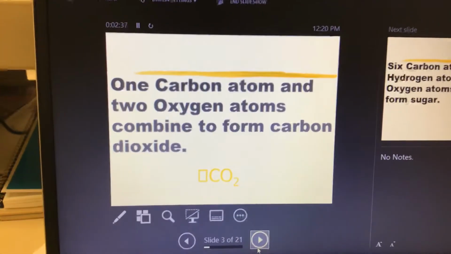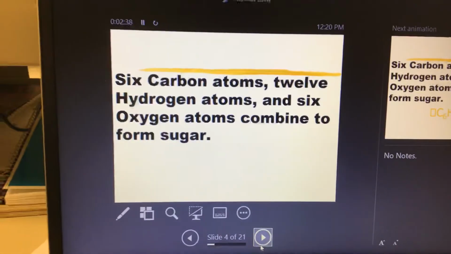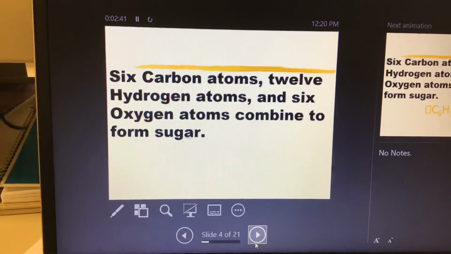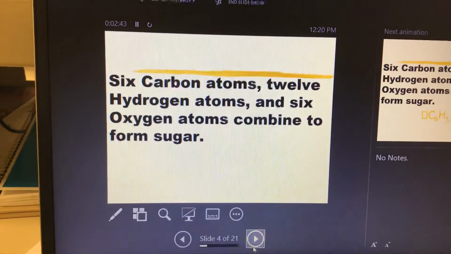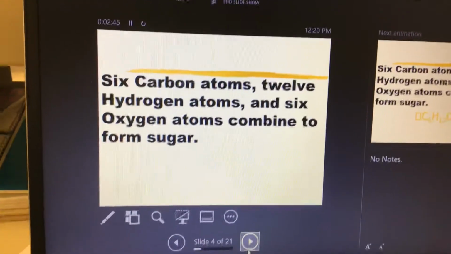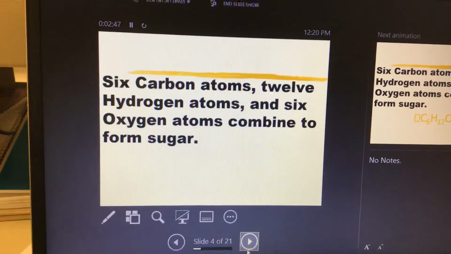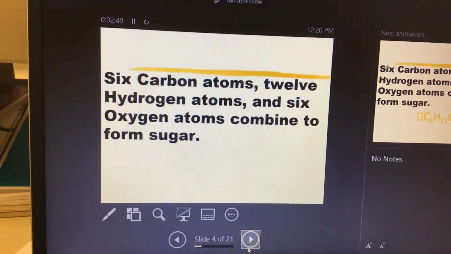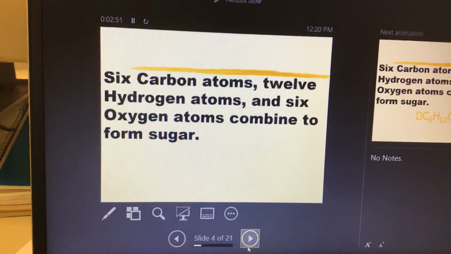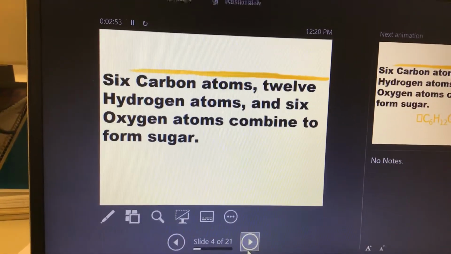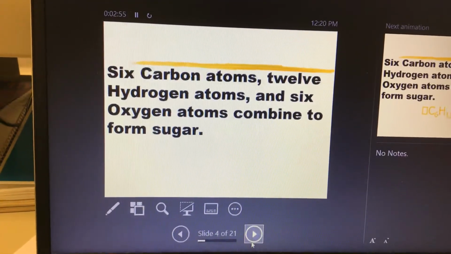All right. So if we did this next one, 6 carbon atoms, 12 hydrogen atoms, and 6 oxygen atoms combine to form sugar. So take a minute, what do you think? How would you do this?